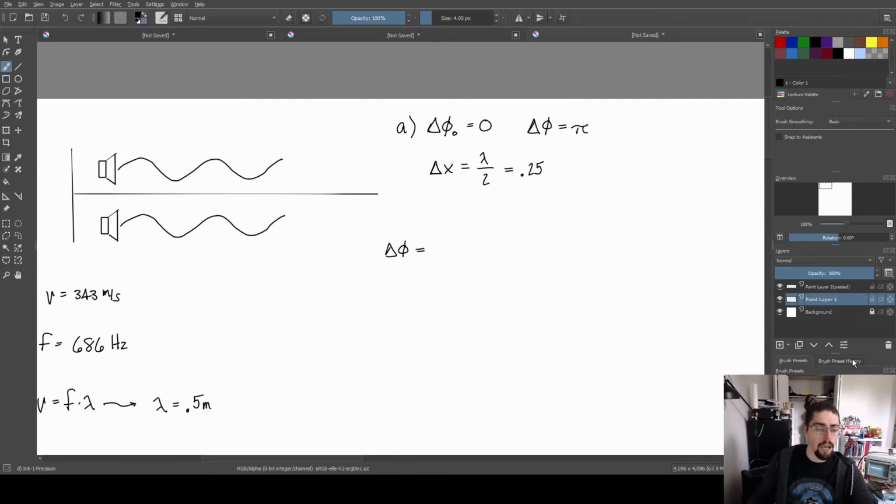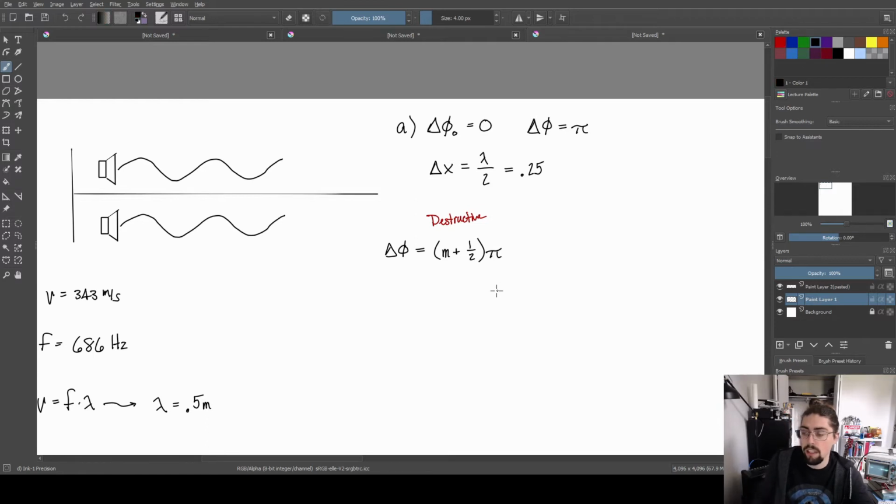It could be 3 pi. It could be 5 pi. It could be 7 pi. As long as it is one of those odd multiples of pi, we're set. So here we've got this. This says destructive interference anytime we have this phase difference.